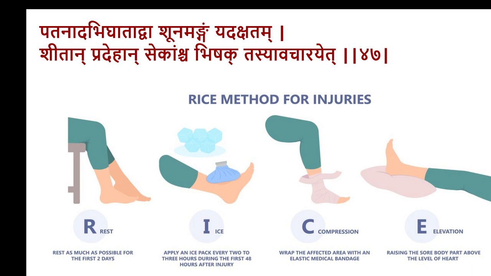If there is an inflammation, then you have to use hot sponges. Hot or cold sponges are preferred depending upon the stage in which you see the edema. Now, Sushruta has suggested in such conditions, Patanad Abhigatadva Shuna Mangam Medakshatam Shitan Pradehan Sekansha Bishak Tasyavachareta. A cold application is preferred.